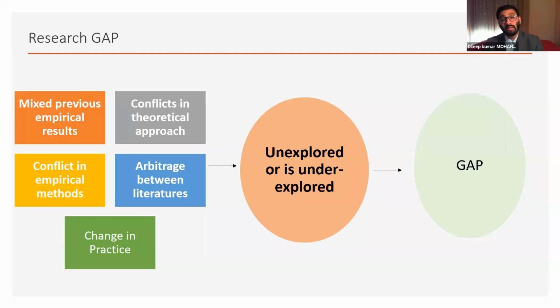With new knowledge gap based variables, you are trying to make an arbitrage between the literature of language and the literature of numbers. You're trying to make a moderation or a mediation between the two camps who always conflict over whether qualitative research is good or quantitative research is good.